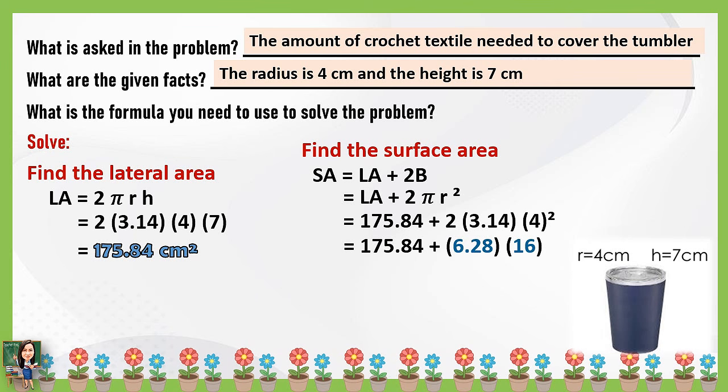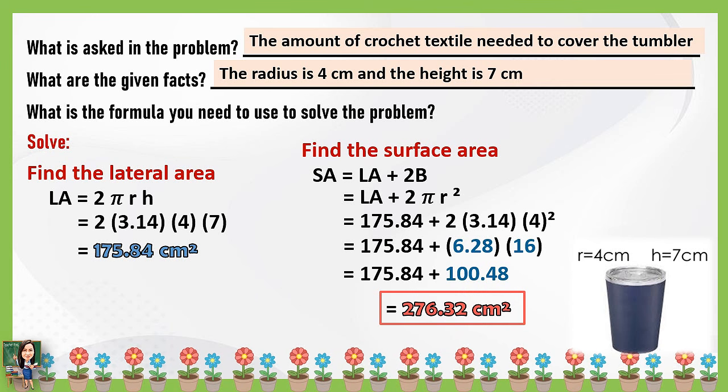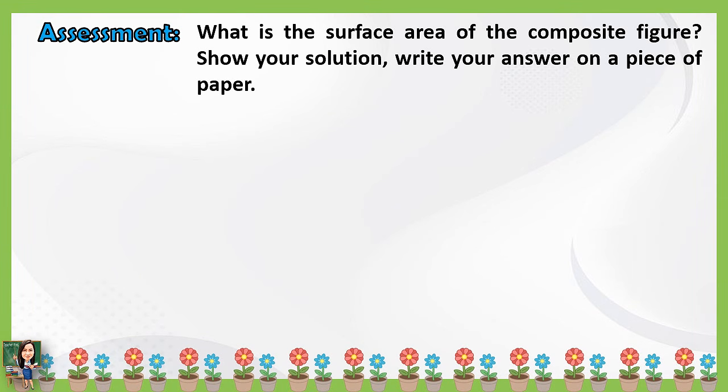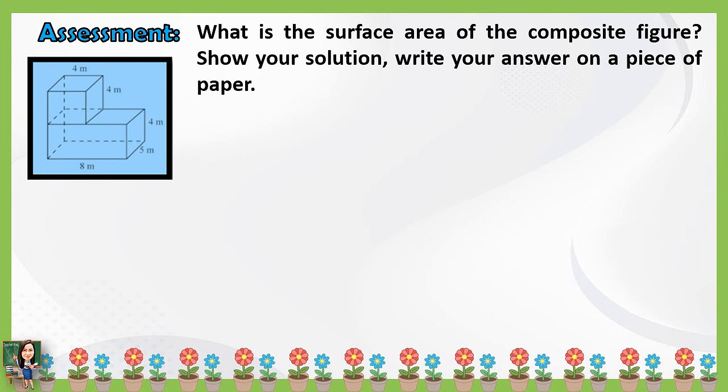Then multiply 6.28 times 16 equals 100.48. Then add to 175.84 equals 276.32 square centimeters. The amount of crochet textile she needed is 276.32 square centimeters.